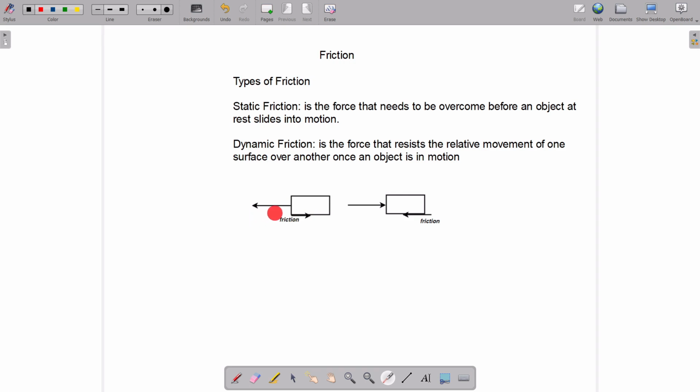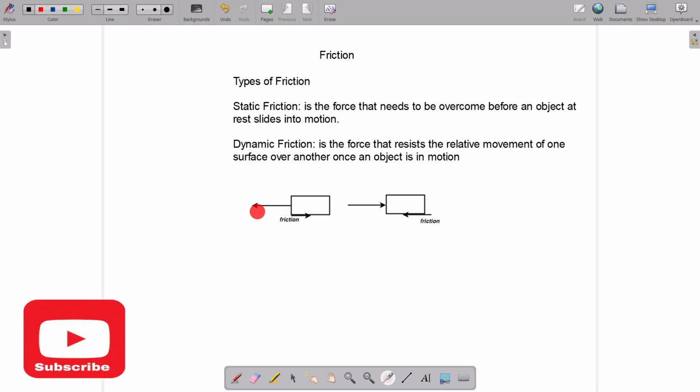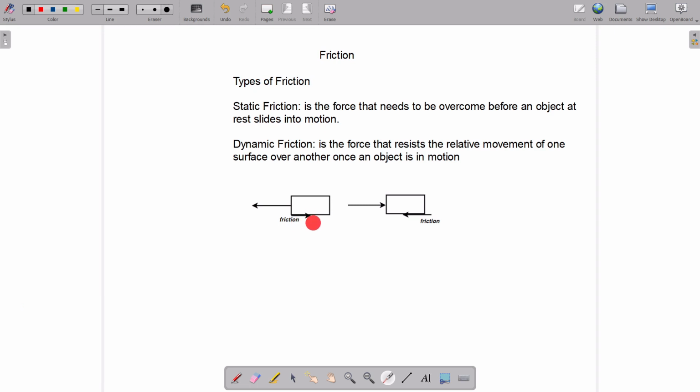Friction always acts to oppose motion. And so if the object is being moved to the left, because friction is meant to oppose motion, friction is going to act towards the right. And that is what is shown over here.